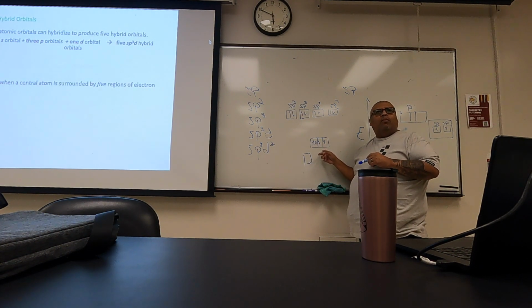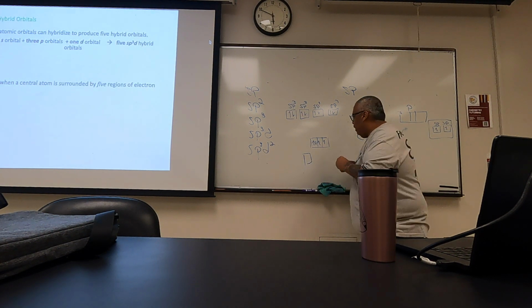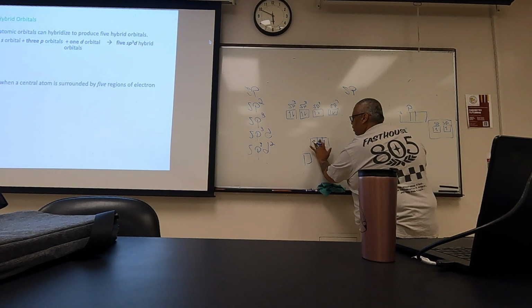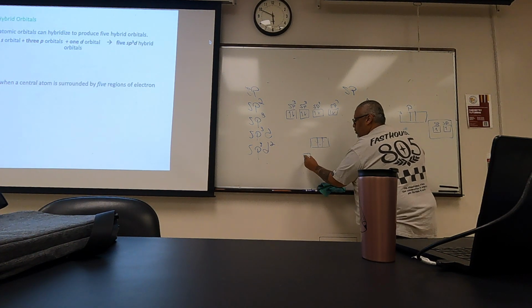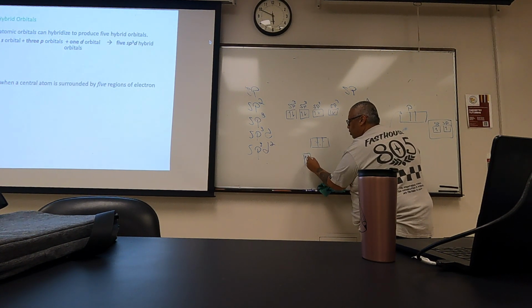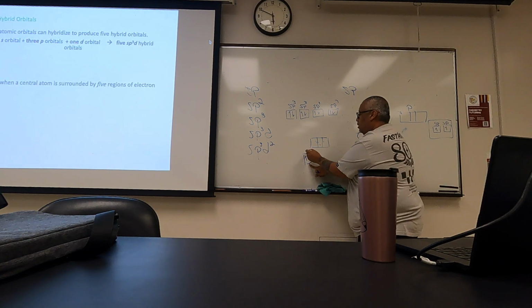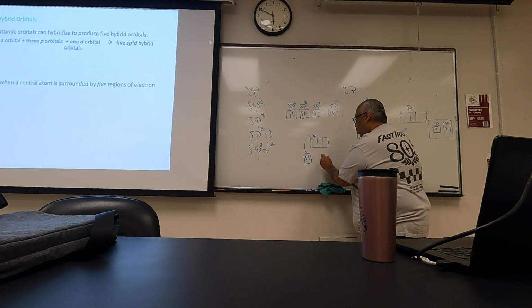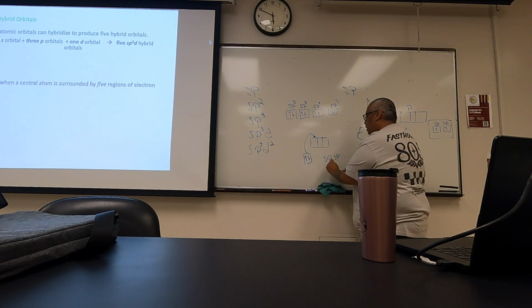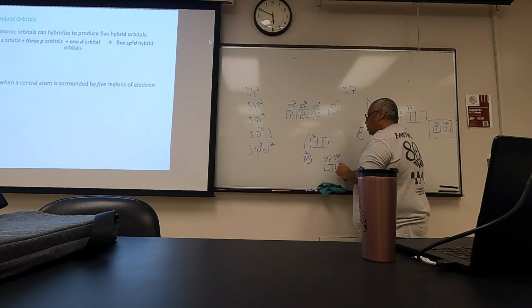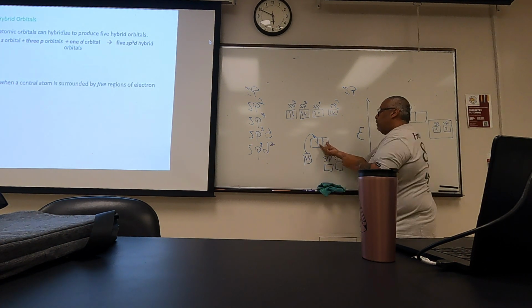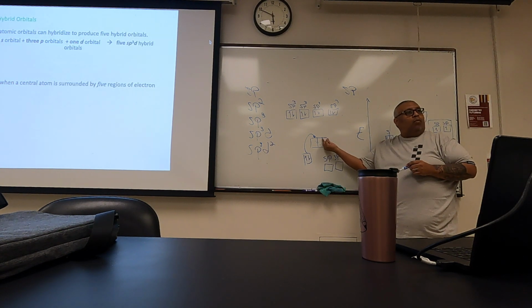It's just a matter of how we hybridize them. If I only have these 2 electrons in the s subshell, we can only create 2 sp hybridized orbitals, and then 2 of them are going to remain empty, which are going to be some p orbitals.